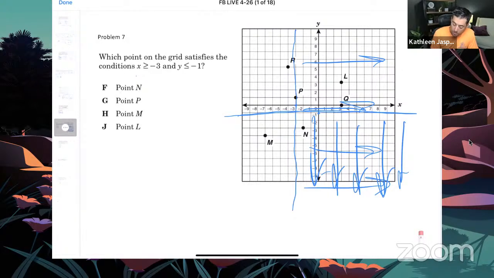And there's only one point that you can see that is within all that mess. And it is going to be point N right here. Point N satisfies the two conditions that it gave us, and N is going to be the correct answer. Okay. All right.